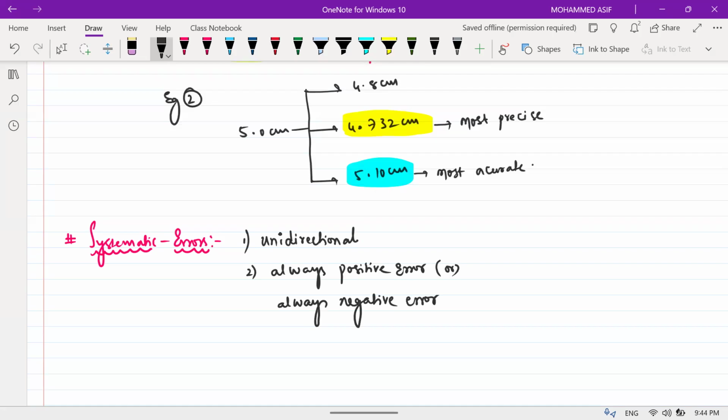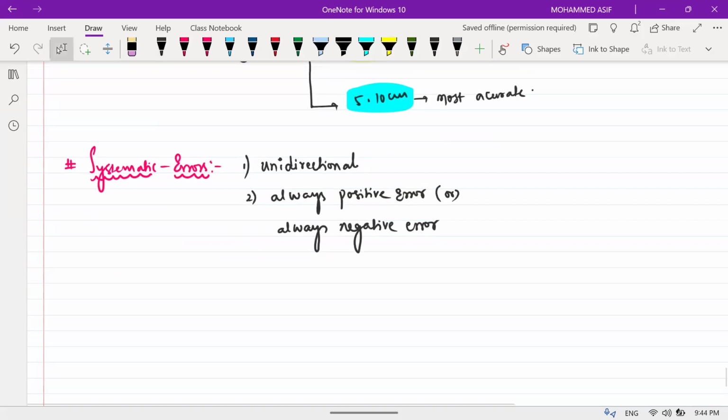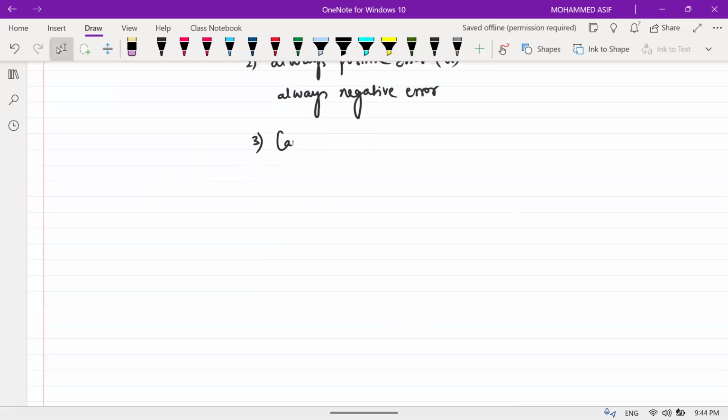That is the reason we call it unidirectional. And the third point you need to remember is that the cause behind the error is known to us.